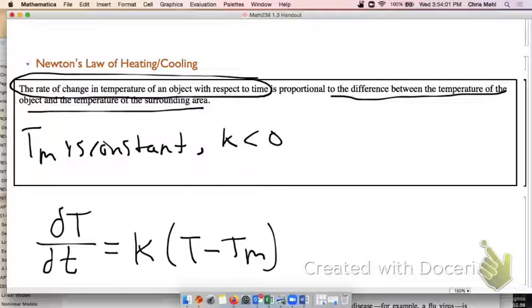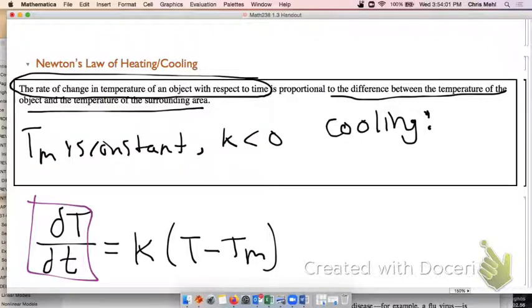If you have cooling, why does k have to be less than 0? Well, if you look at the differential equation, if you are cooling, the rate of change dT over dt is negative. Sorry, being a fool. It's got to be less than 0. The temperature, the rate of change would be decreasing.